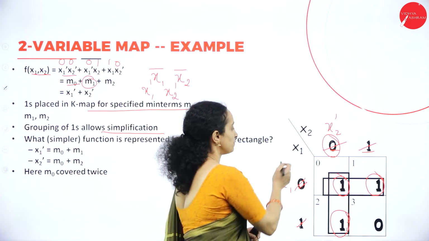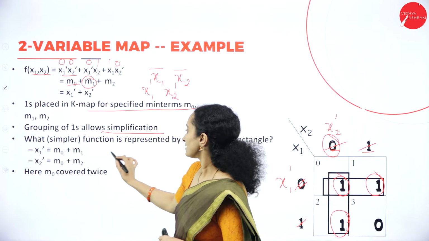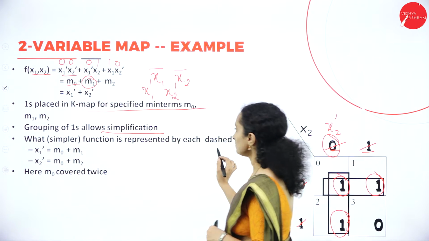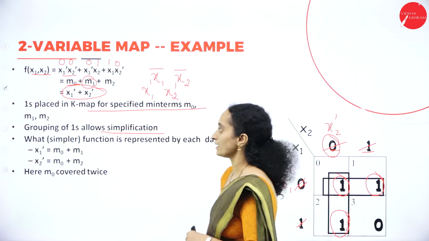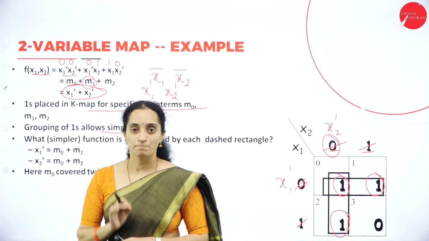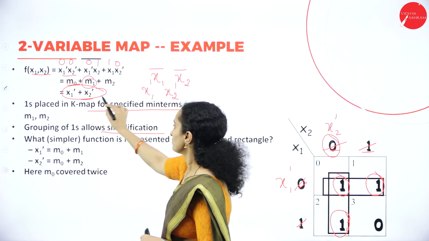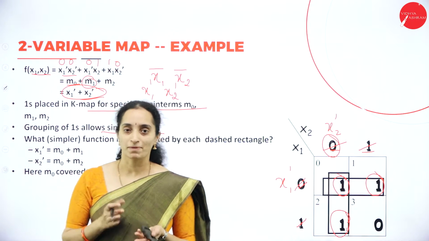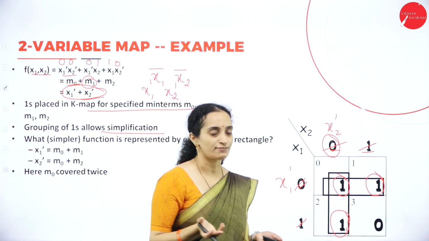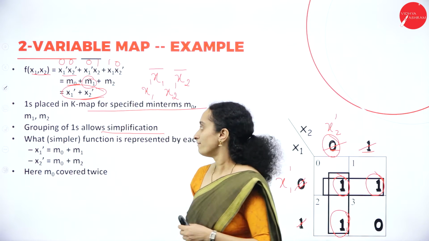The representation gives you the simplified expression x1 dash plus x2 dash, or x2 dash plus x1 dash. There is no difference if you change the position of the variables.